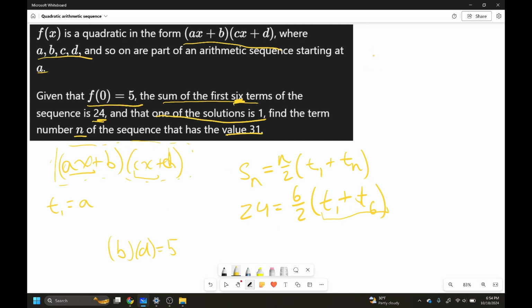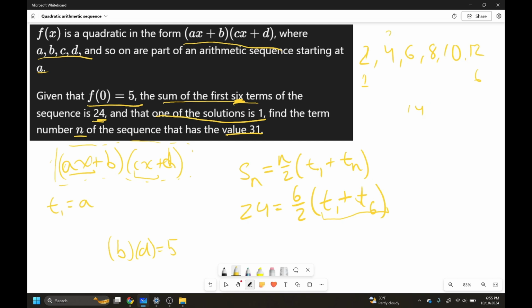In other words, we're going to use the fact that in an arithmetic sequence, let's take the simplest one, 2, 4, 6, 8, 10, 12. In this sequence, if you add the first term and the sixth term, it'll give you 14.